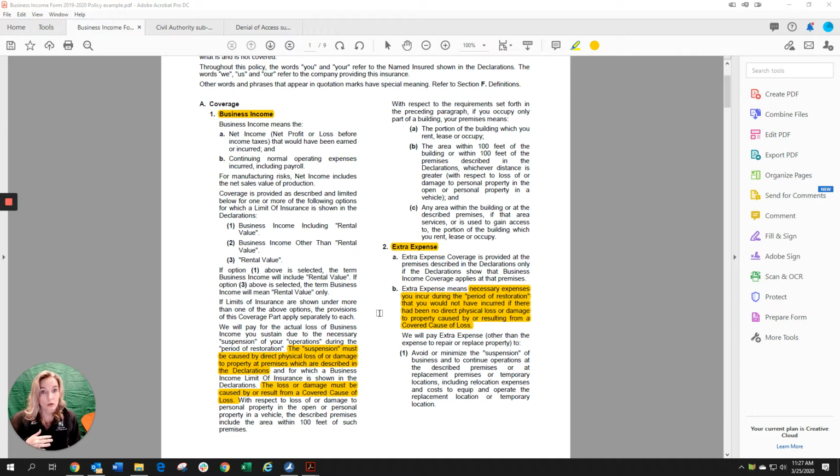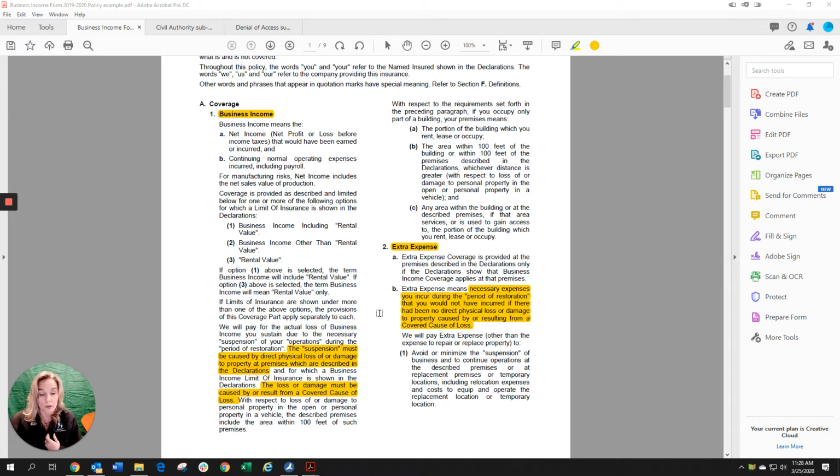Please note that you want to look at your waiting period on your policy for business income. Those can be anywhere from 0 to 72 hours, maybe longer. What that means is if I have a fire today and it's a Monday and it's my slow day, my deductible, what I pay first, is, say it's 24 hours, the first 24 hours of business income loss.